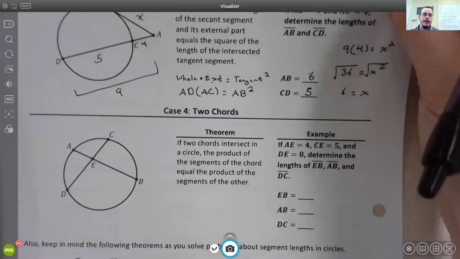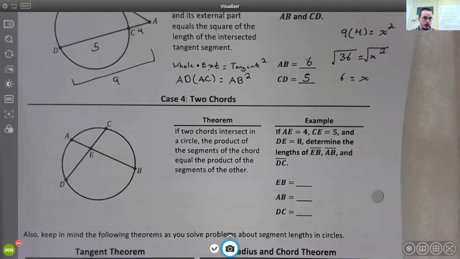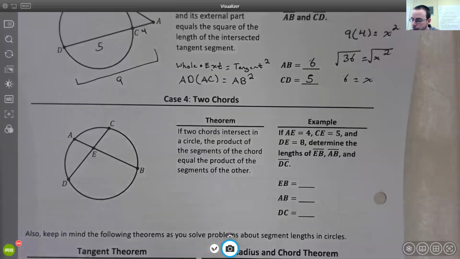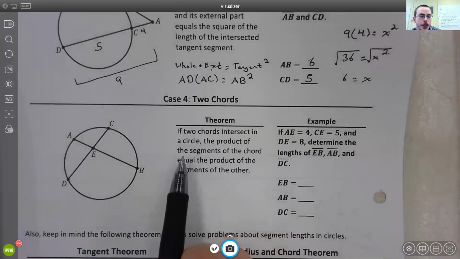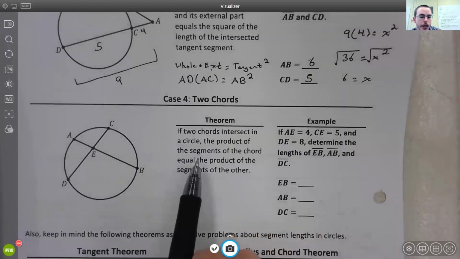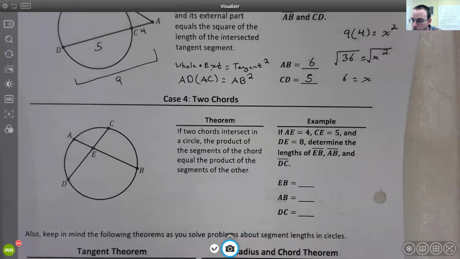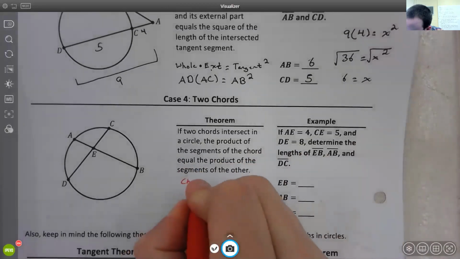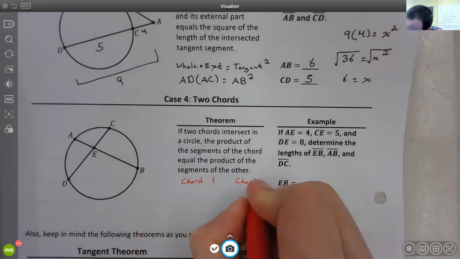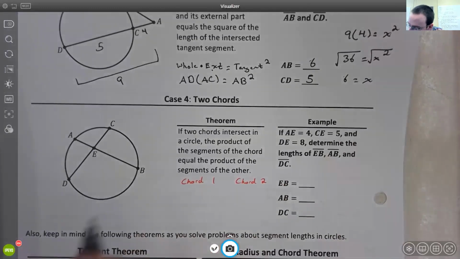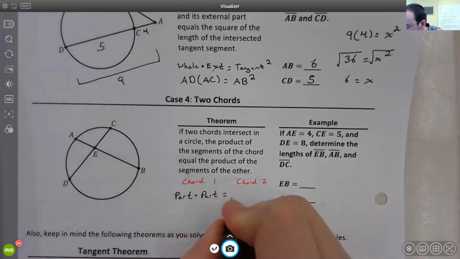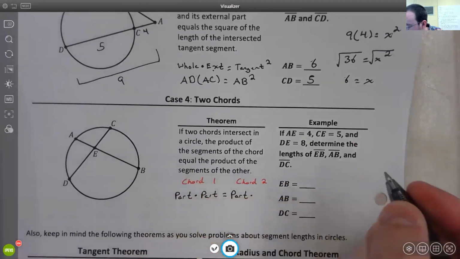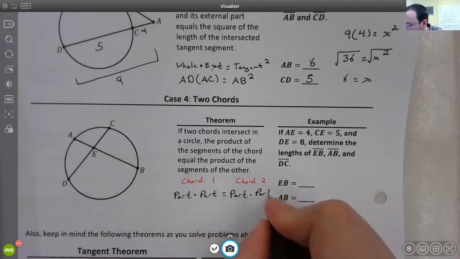And then our last case here is case 4. This is for two chords, and the theorem states if two chords intersect in a circle, the product of the segments of the chord equal the product of the segments of the other. In other words, what this is saying is that for chord 1 and chord 2, we can say that the product of the two parts of chord 1 is equal to the product of the parts of chord 2.